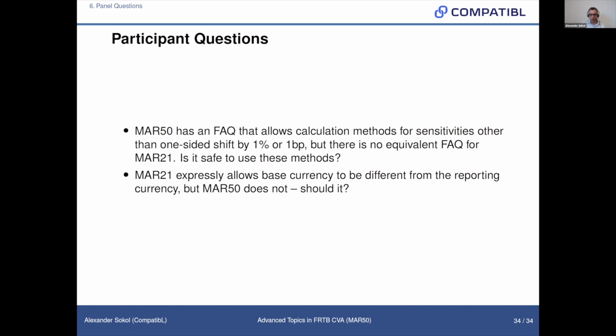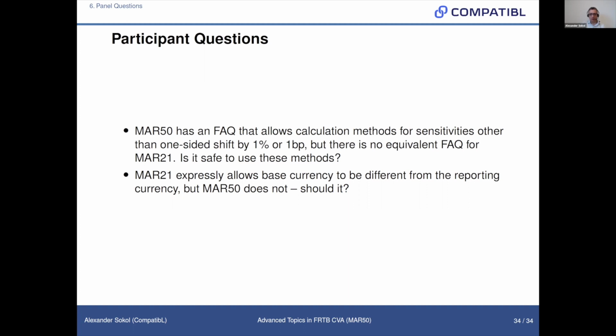I remember there was a lot of debate, and adjoint algorithmic differentiation was introduced. A lot of people submitted FAQs essentially asking whether we can use anything other than this one-sided shift to compute sensitivities, because it's computationally effective to do so, and there's a major computational burden in computing the sensitivities.